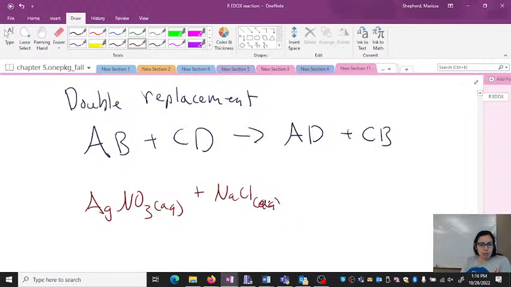So again, that would be aqueous, so two solutions, and then we mix them, so then that would give you silver chloride. And the key thing with the double replacement reaction is they are driven forward by precipitation.